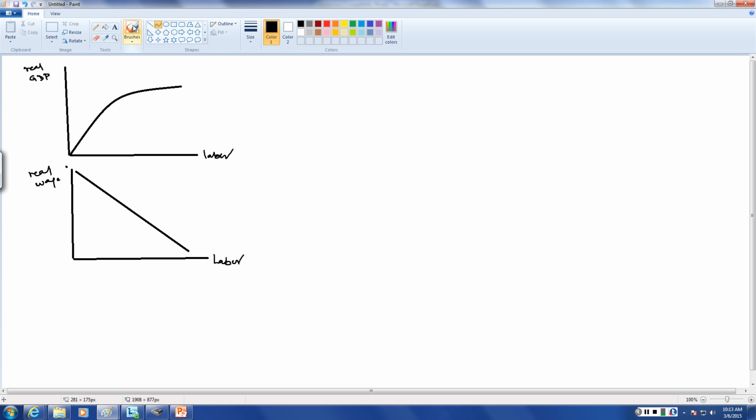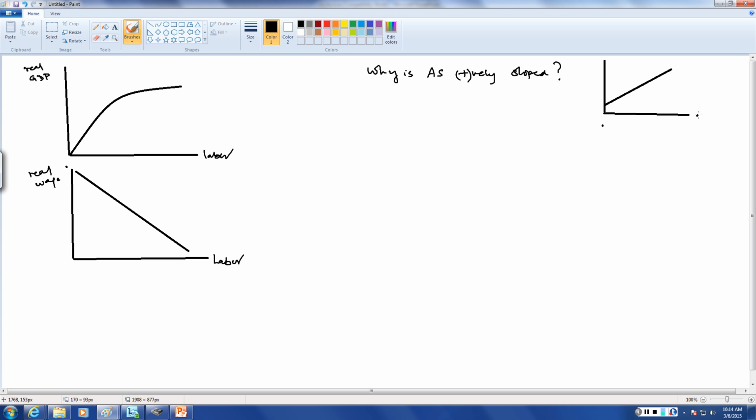All right, now let's ask the question. Why is the AS curve positively sloped? Meaning, why is the AS curve like this? Why is it like that?